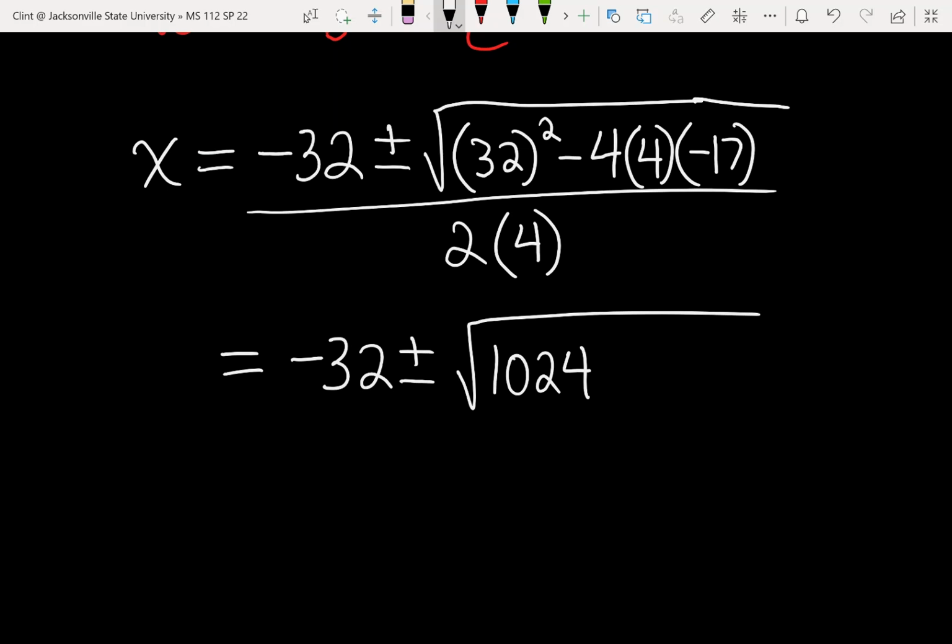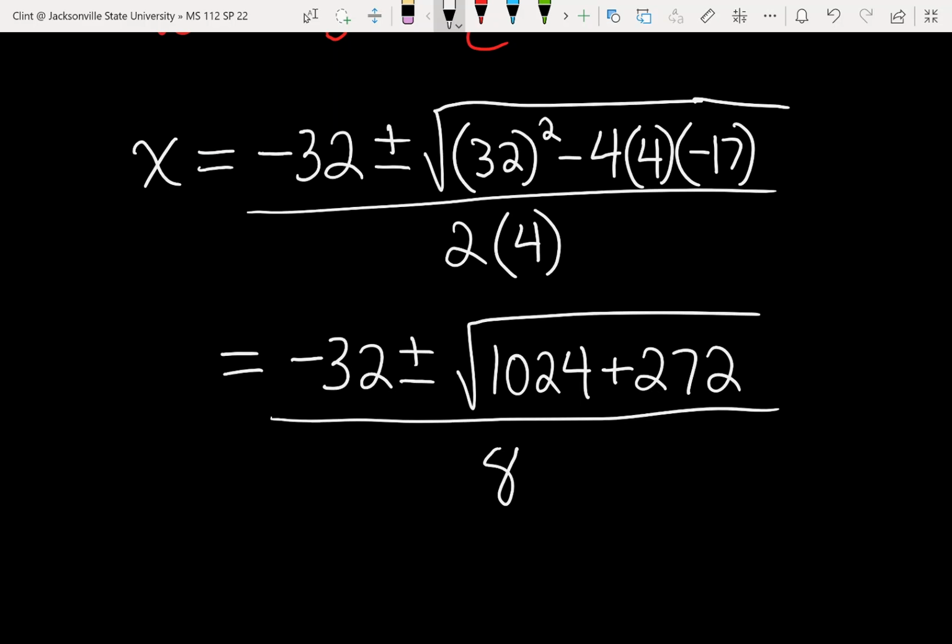Okay. And then 4 times 4 is 16, times 17, get 272, and then we have the two negative signs, so it turns into plus 272.